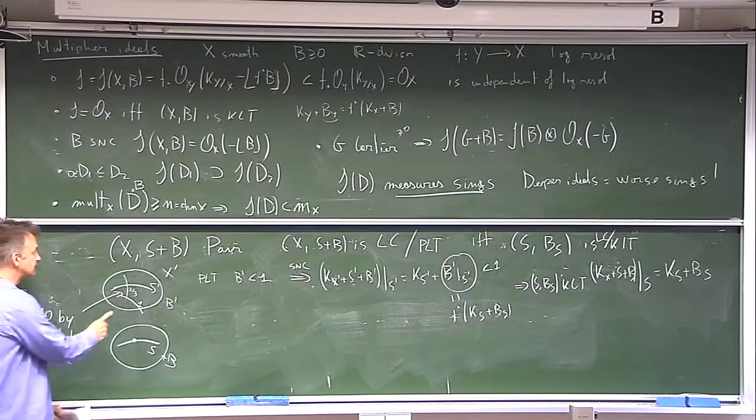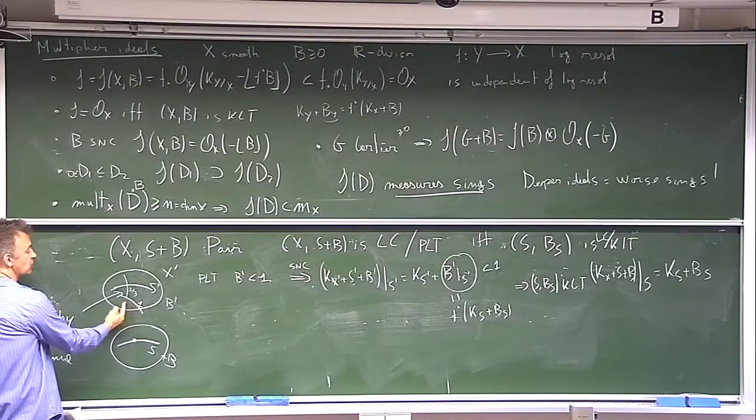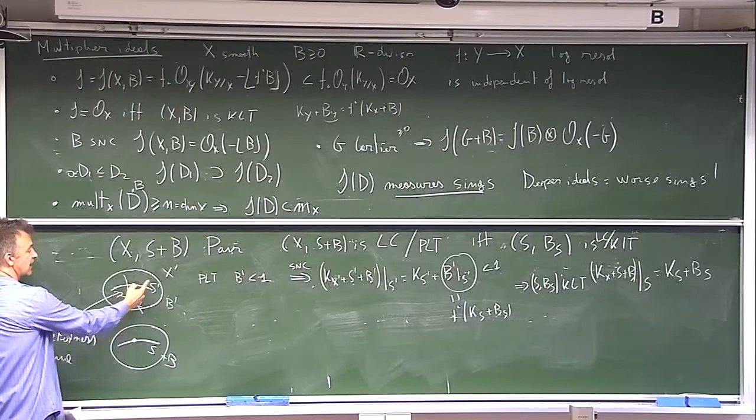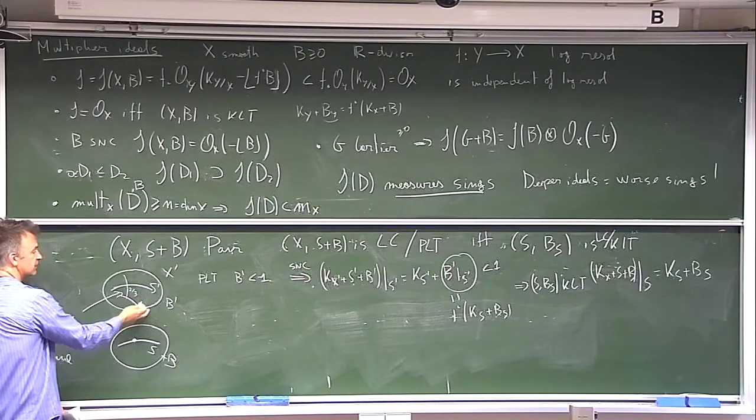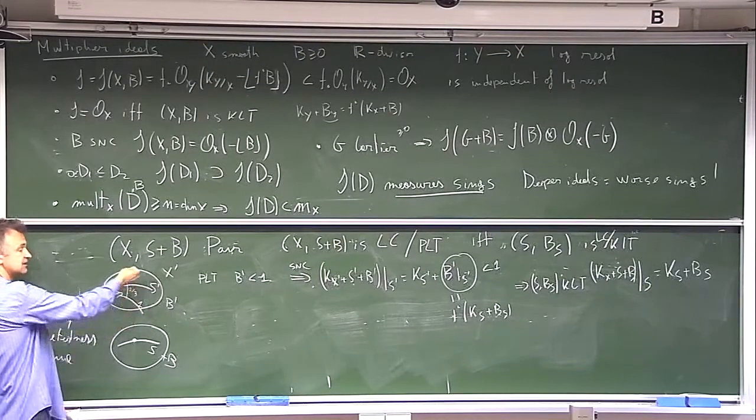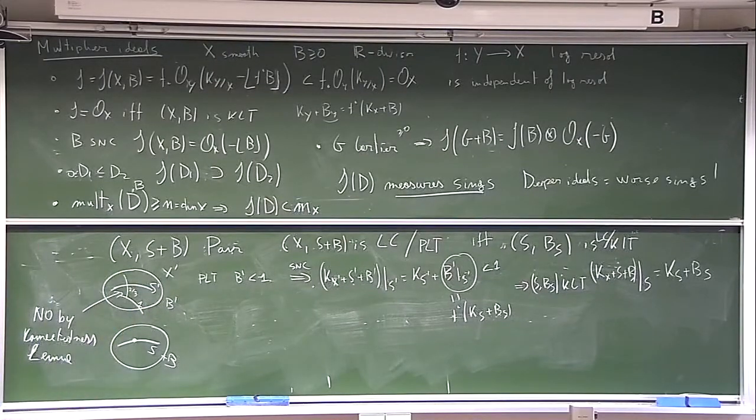So there must be other components of coefficient 1 which actually connect with S prime. If there is any component of coefficient 1, even if it doesn't intersect S prime, it forces the existence of other components that do intersect S prime, by this connectedness lemma. This is a very surprising feature, this inversion of adjunction. And when you package it in multiplier ideal sheaves, it is the statement that I made.